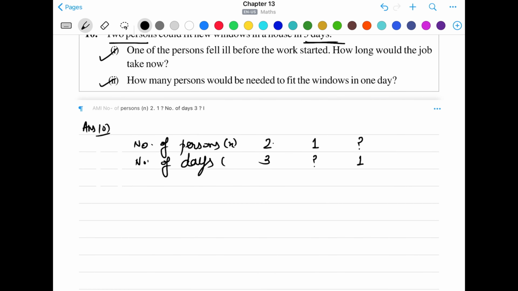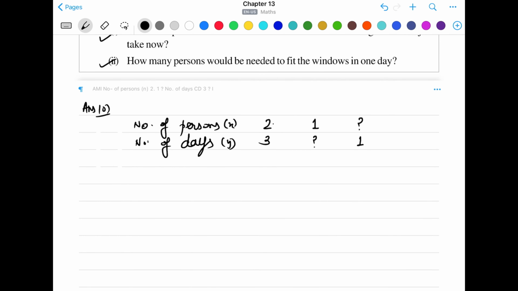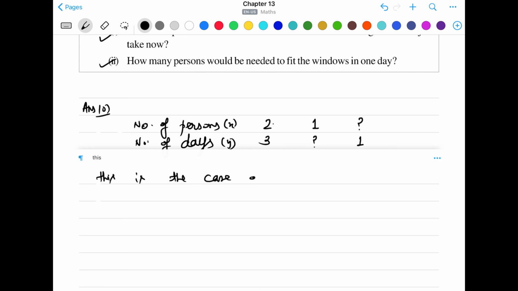Considering these as the value of x and these as the value of y, let's calculate this. As you can write, this is the case of inverse proportion.